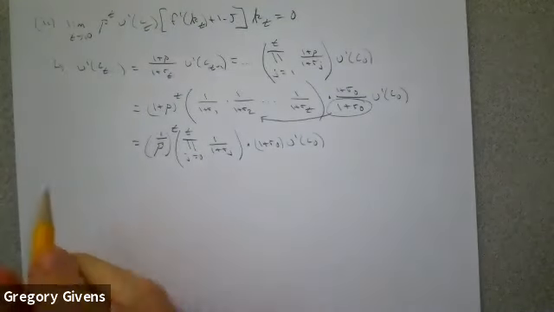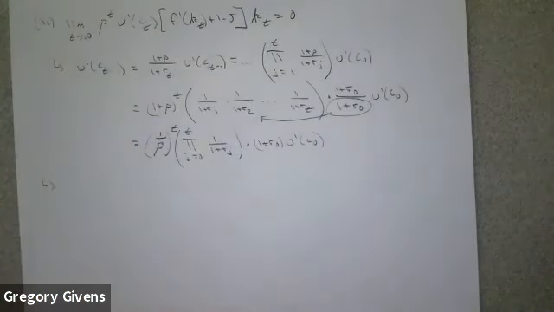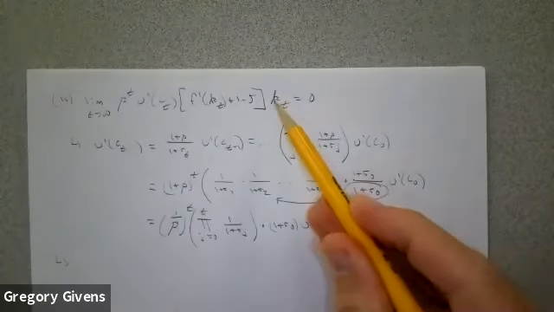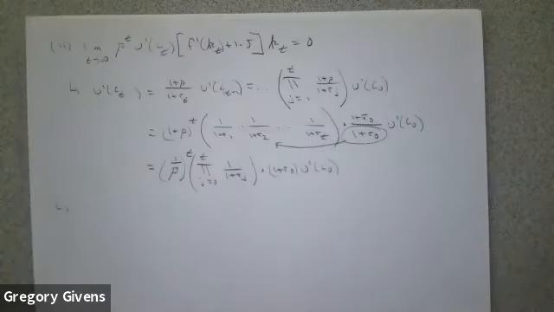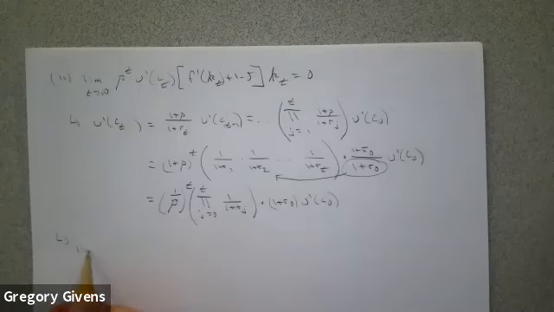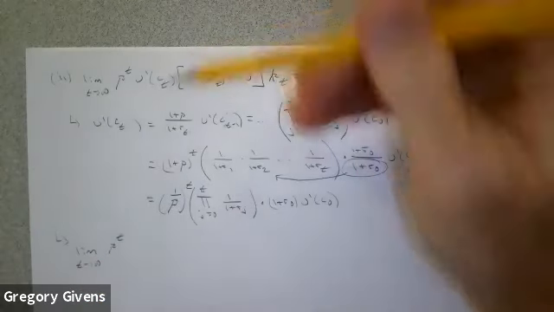All right, now let's use this expression to evaluate the transversality condition. This would be the limit as t goes to infinity of beta to the t. Now what is u prime of ct?